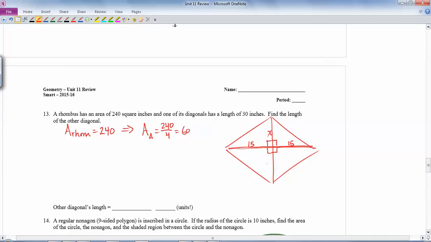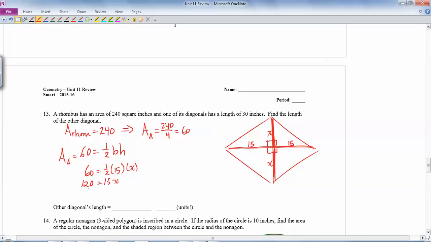So we need the other diagonal. I'm going to call one part of it x, so I'll double it once I solve for x. The area of a triangle is 60. I also know the area of a triangle is 1/2 base times height. The base of my triangle is 15. The height is x. So now I can solve for that. If I multiply both sides by 2, I get 120 equals 15x.